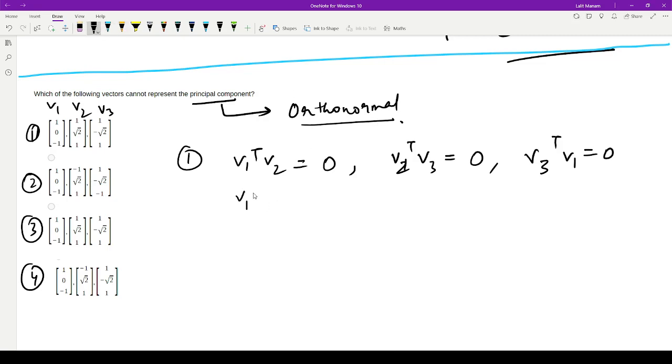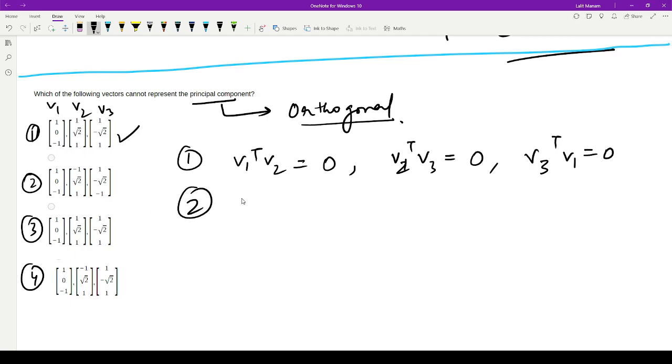Orthonormal means v1 transpose. Okay, so these are not really orthonormal vectors. I would just keep it as orthogonal. But when you take the eigenvectors, then they should be orthonormal. But these do give orthonormal vectors if you just divide by the norm.